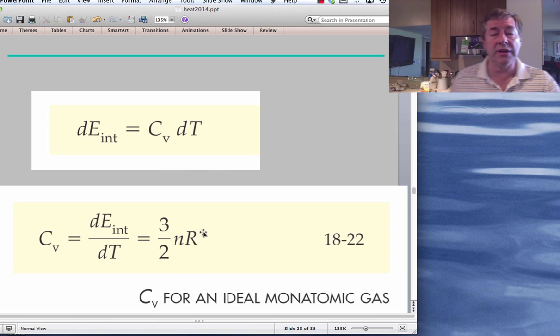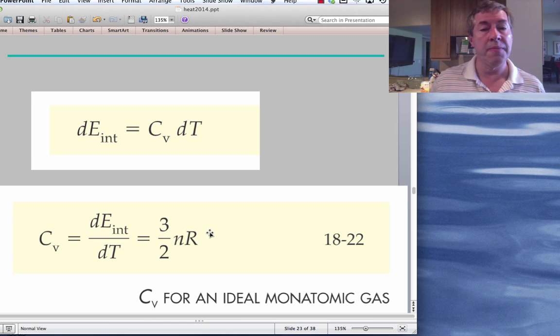So the ideal gas law gives you a very simple answer. The change in energy for a given change in temperature is just 3/2 times the number of moles you have times the gas constant R. So that's going to be true.